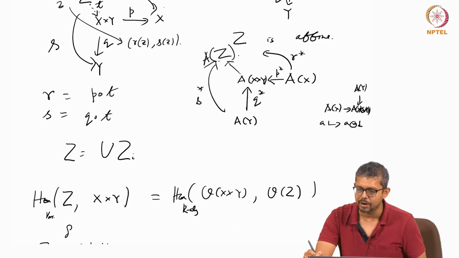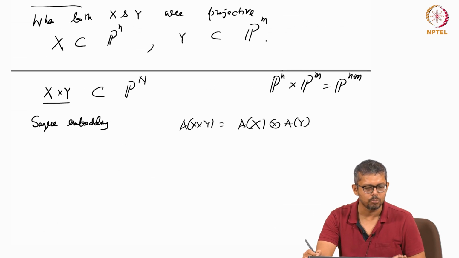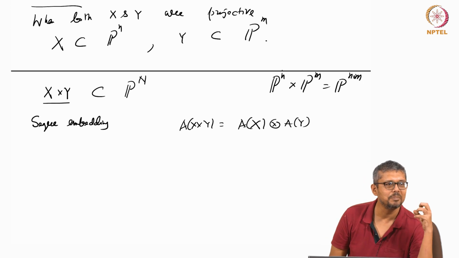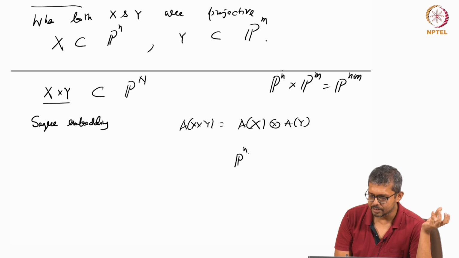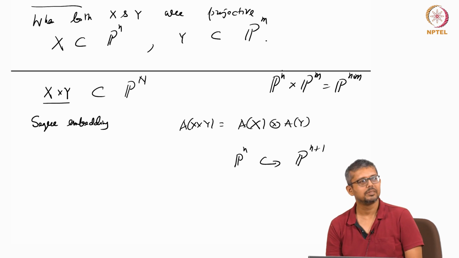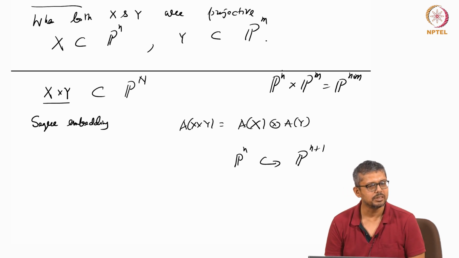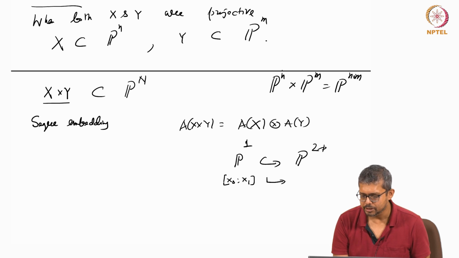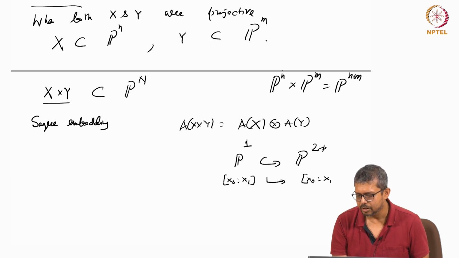But the point here is that when you do the projective product, it depends on the embedding, where X is embedded. See, P^n is naturally embedded into P^(n+1), right? For example P^1 into P^2: you take the homogeneous coordinates x0, x1 and send them to x0, x1, 0.